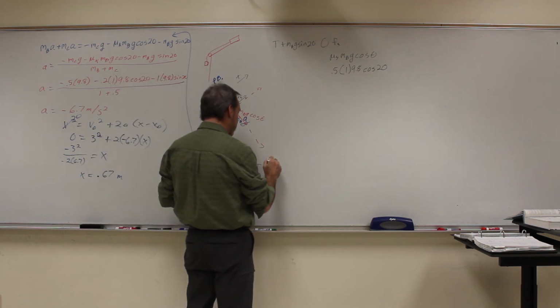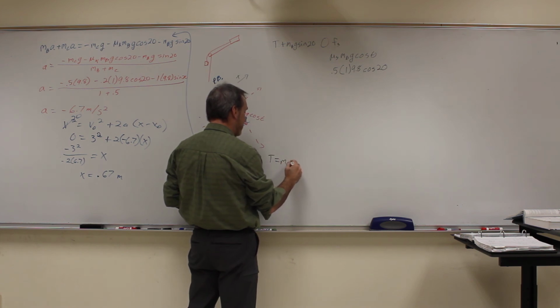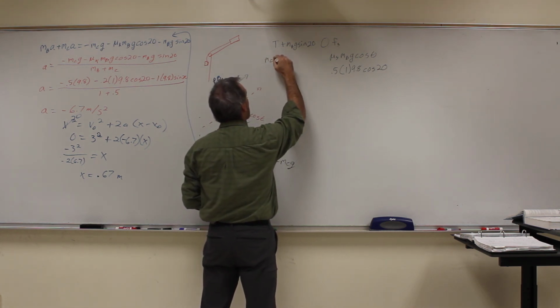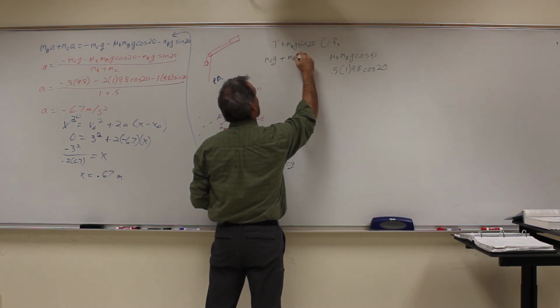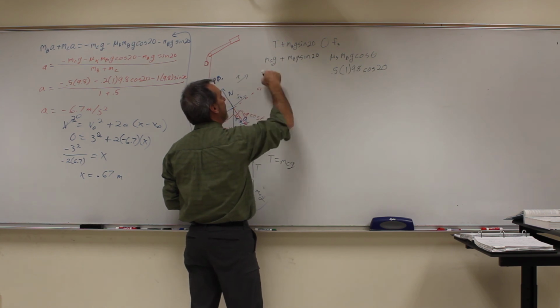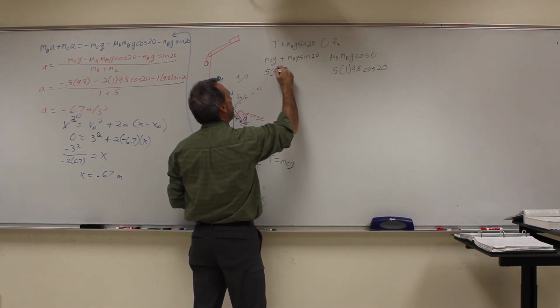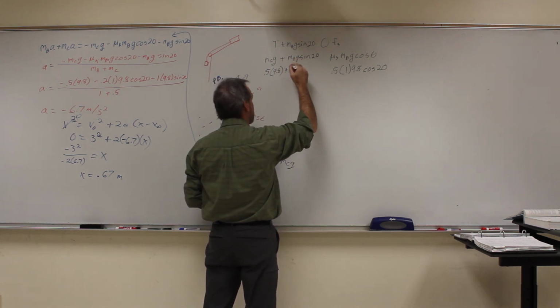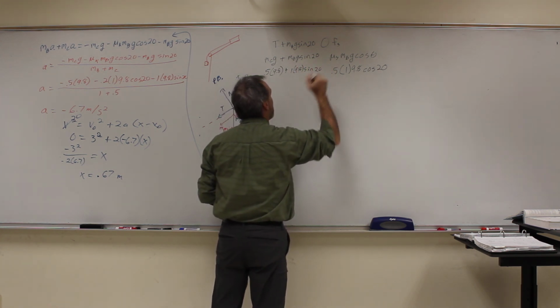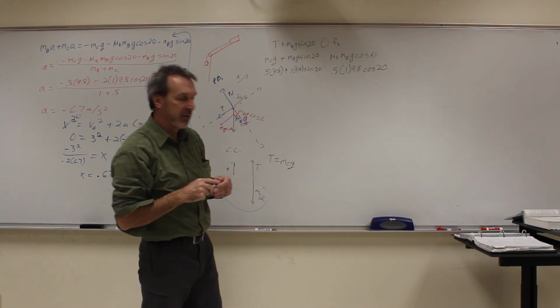So at that point when it stops, the tension is just equal to MCG. So MCG plus MBG sine 20 are the forces trying to make it move back down. Well, this is 0.5 times 9.8 plus 1 times 9.8 times the sine of 20. And we have to see which of those is larger.